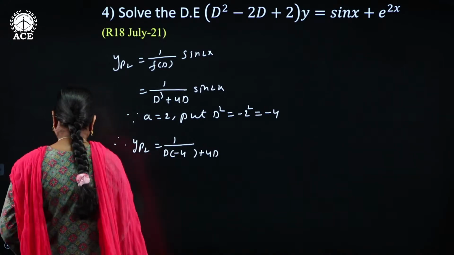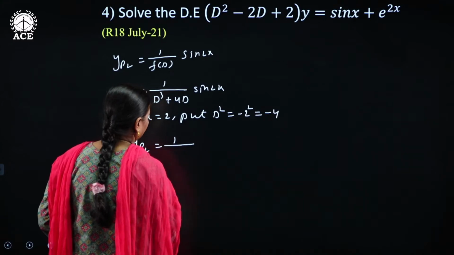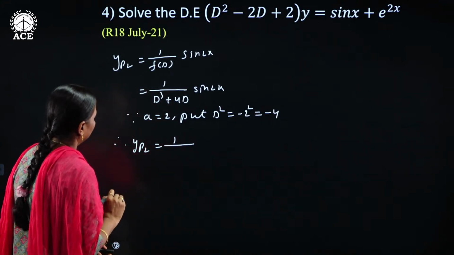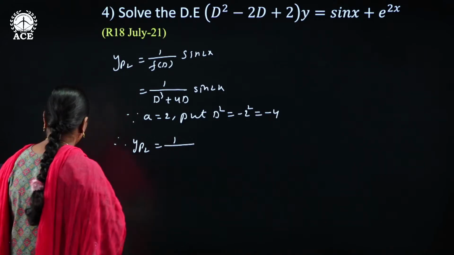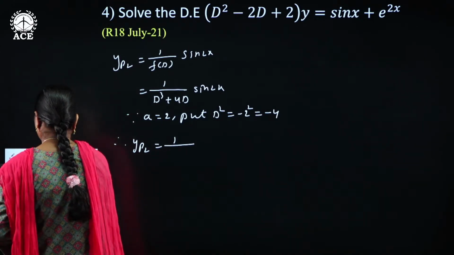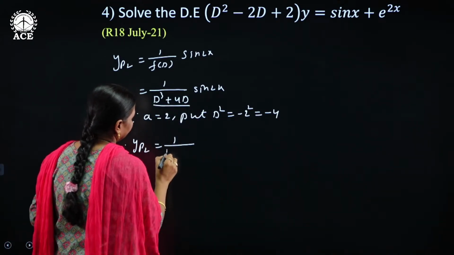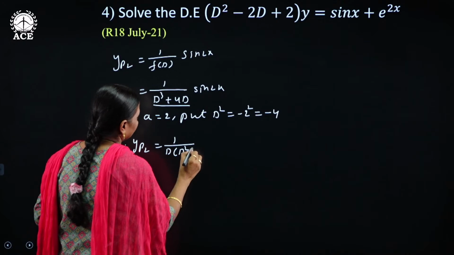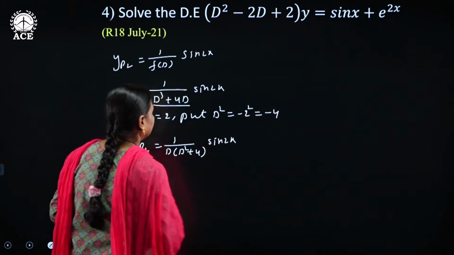And solve this one in another form. So from this one take d outside, that is equal to d square plus 4 into sin 2x.